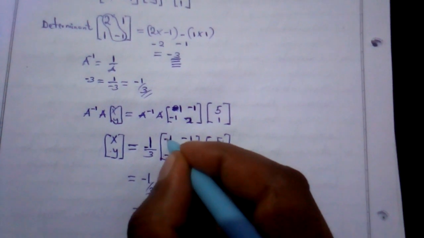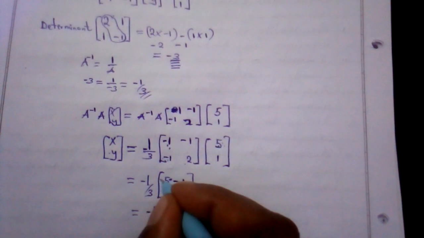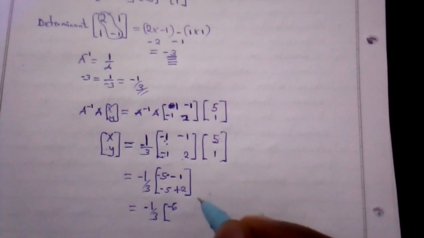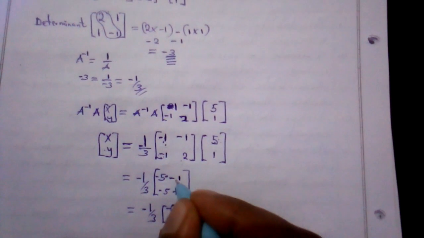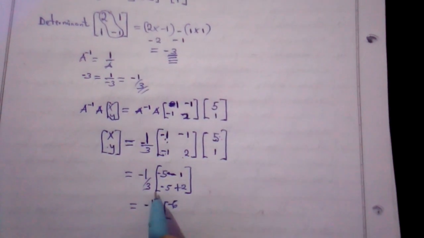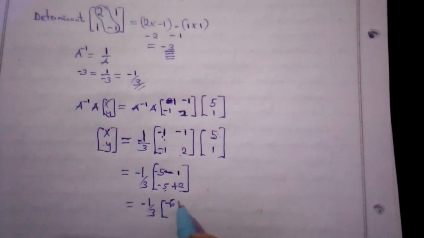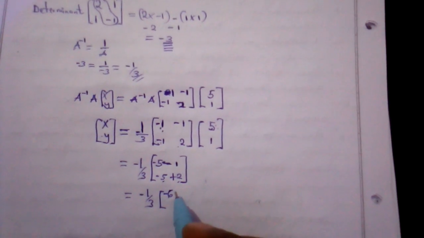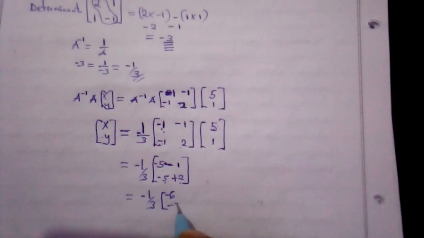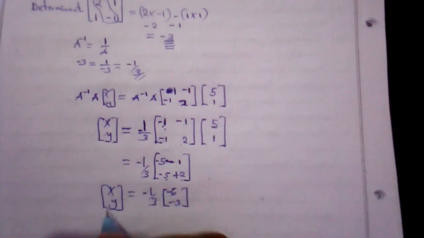Remember this was negative, sorry. Should be negative 6, because this one is negative. Sorry, negative 6. And the other part should be negative 3. x, y there is equal to that.